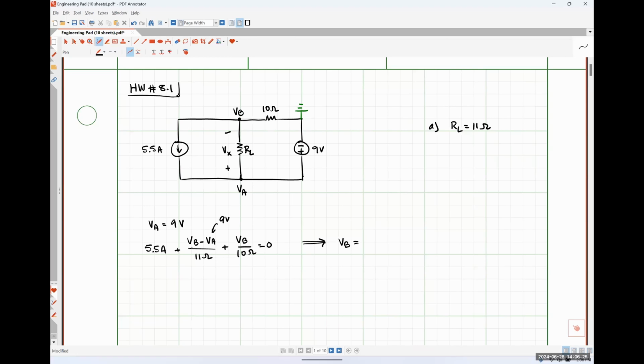So that's going to look like x over 11 plus x over 10 will be equal to 9 over 11 minus 5.5 amps.